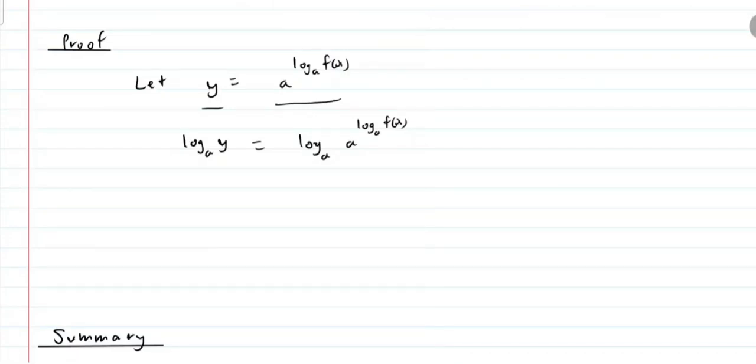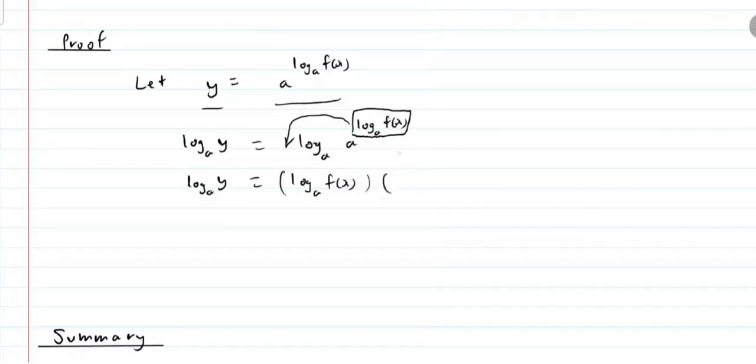Now, what else can I do? I can now bring down this guy in front of this log using the power law. Right, so I'm going to now have log base A of y is equal to log base A of f of x all times log base A of A. Right, because I brought him down in front.